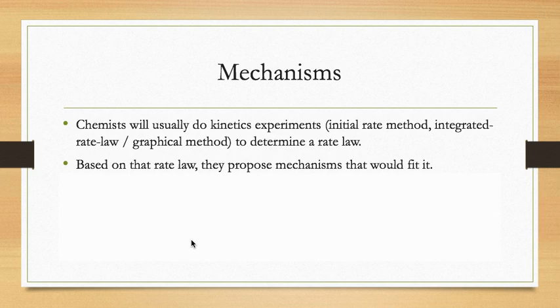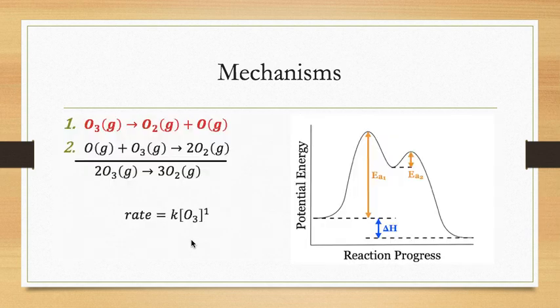So going back and looking at this, this is how they would do it. They would do their kinetics experiment, either the initial rates method or using the integrated rate laws. They'll figure out the rate law, and then they'll propose a mechanism, let's say this one, that matches that.